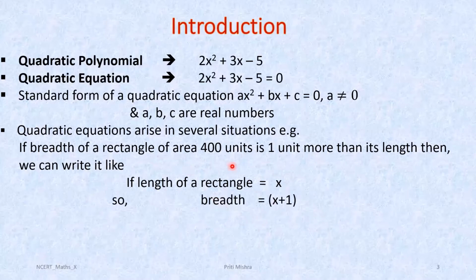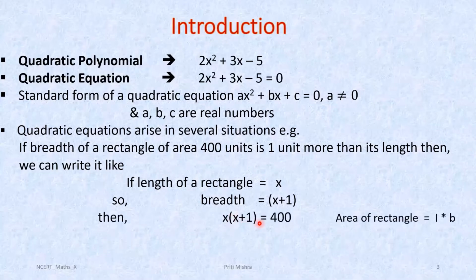As they have given us the area, we can write this situation in the form of an equation. As we know, the area of a rectangle is length into breadth. So it will be x into x plus 1 is equal to 400, because L into B is equal to area. Now after simplifying, x gets multiplied with the first term x and then with 1.